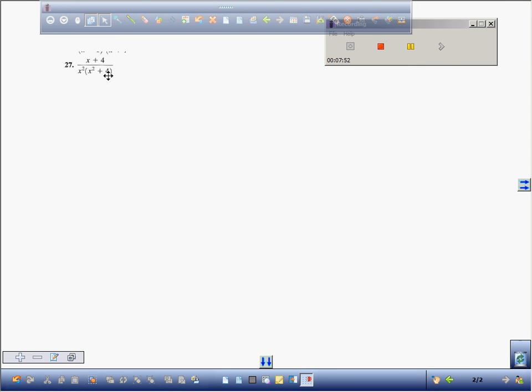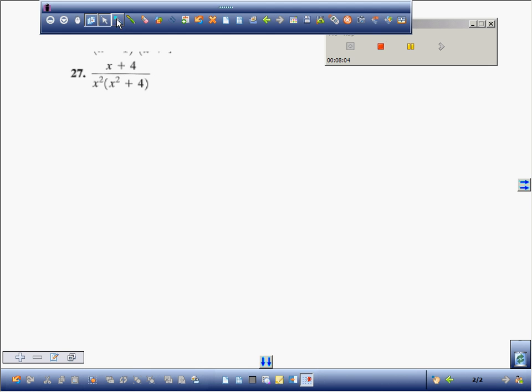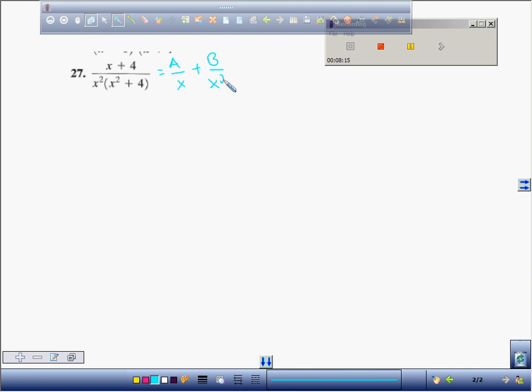Huh? So this one is a case of a non-repeating quadratic factor and a repeating linear factor. If I were going to write this one in factor form, I'd write it as a over x plus b over x squared plus cx plus d over x squared plus 4.